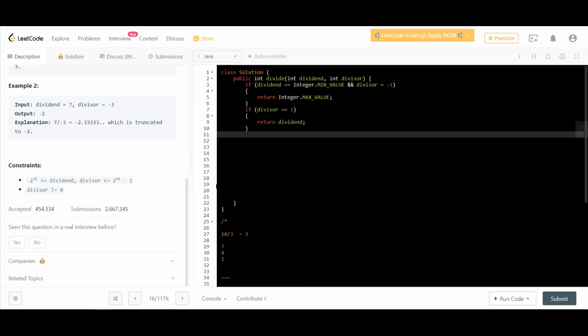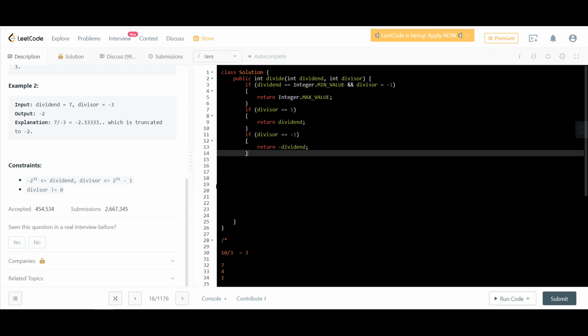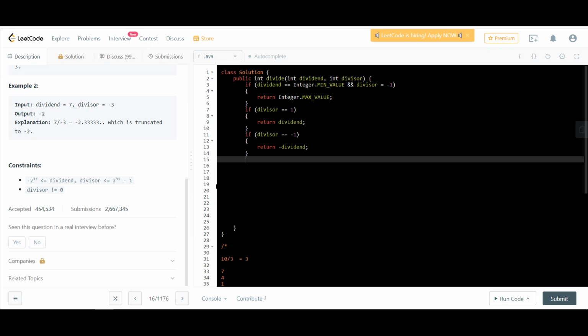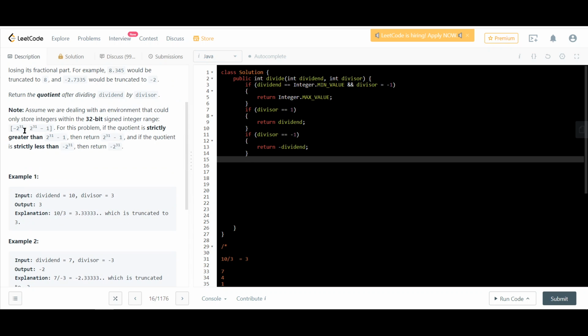And similarly, I was thinking that if my divisor is -1, I can just return minus dividend, right? What I'm worried about is that on the negative side there is one extra value which is not there on the positive side. So what if my divisor is this largest negative value?